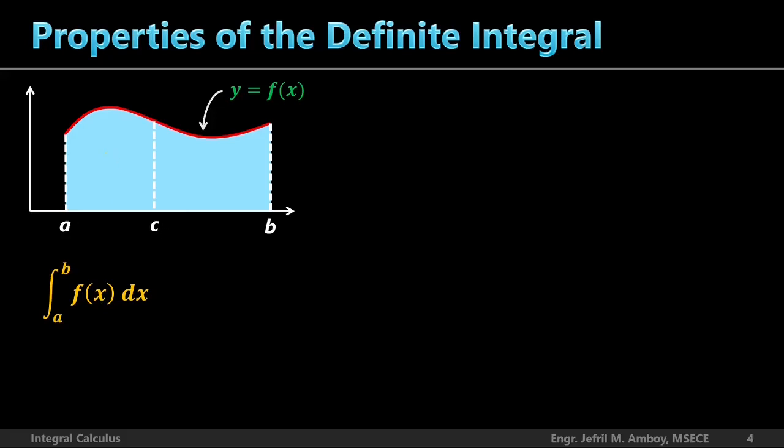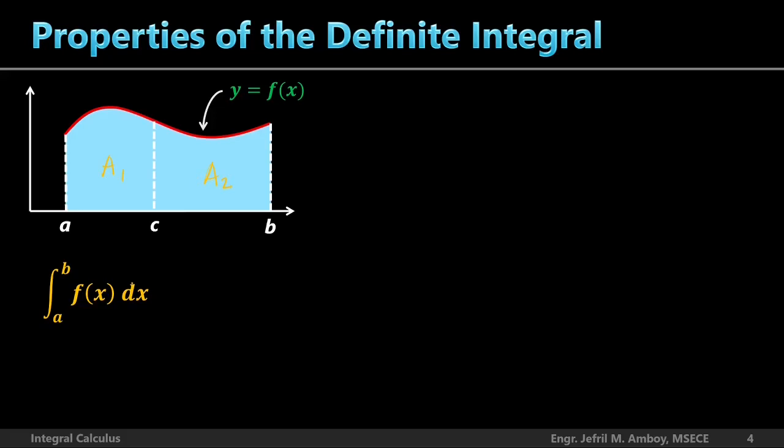Diba? At ang makukuha ko doon is area 1. Okay? From a to c yun. Yan yung area under f of x from a to c. Right? At pag in-integrate ko naman itong f of x from c to b, yung makukuha ko is yung area sa right region, A2.